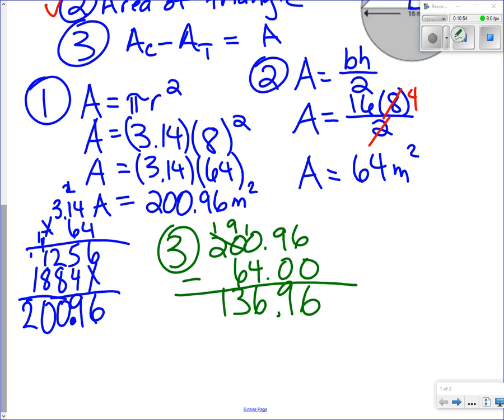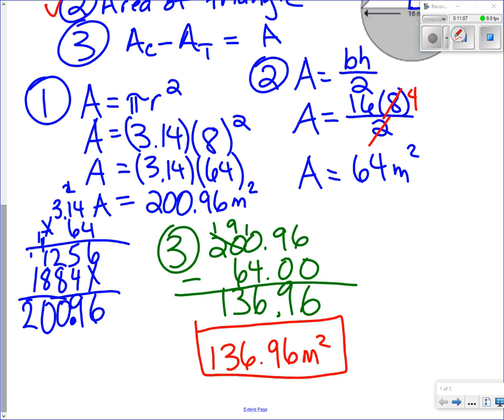And it is 136. So my answer is 136 and 96 hundredths square meters. And that was my last step.